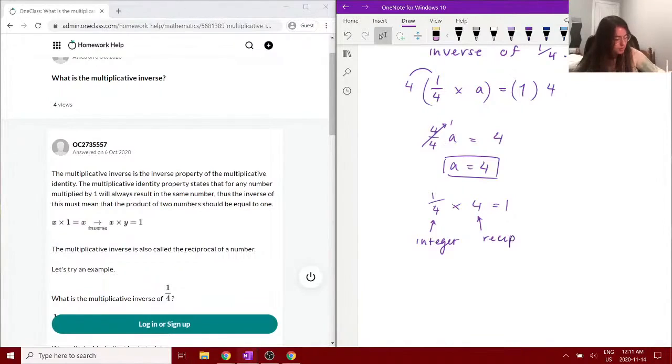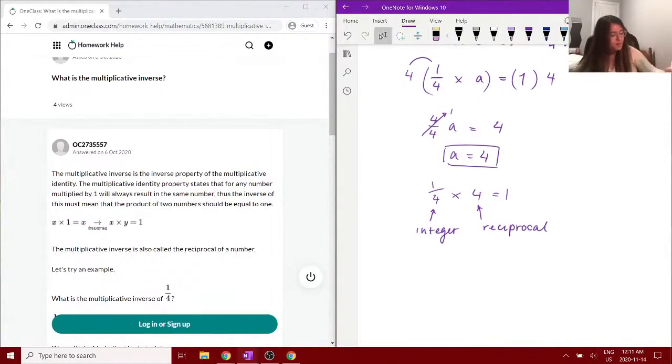I'm going to call it reciprocal or multiplicative inverse. Am I spelling that right? I think so. Anyways, I think you get the idea. Yep. So we always get 1, so we know that that is correct.